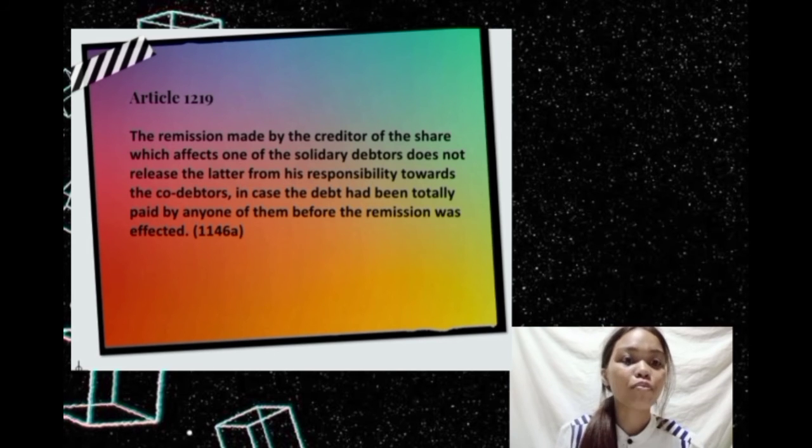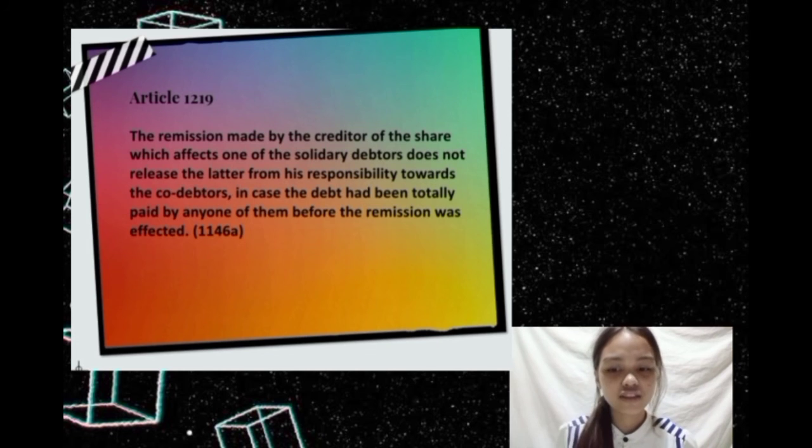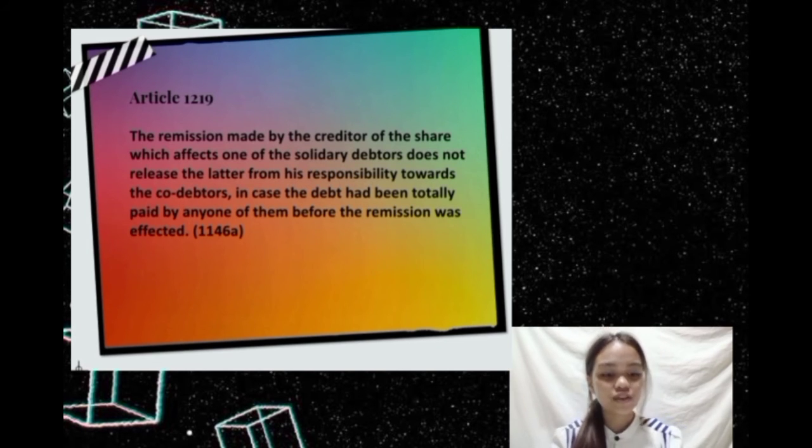So, for example, Jad and Princess solidarily bound themselves to pay Kate 100,000. Jad himself paid the whole amount of 100,000.